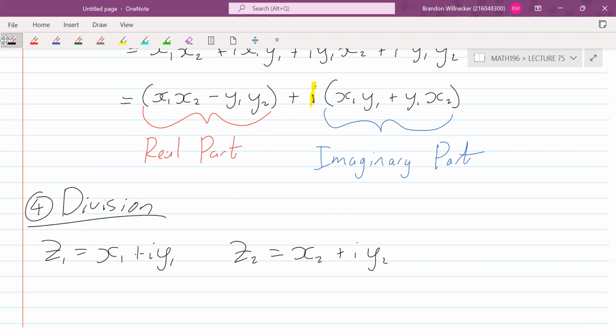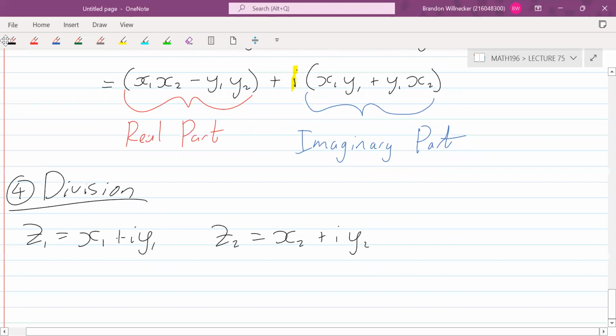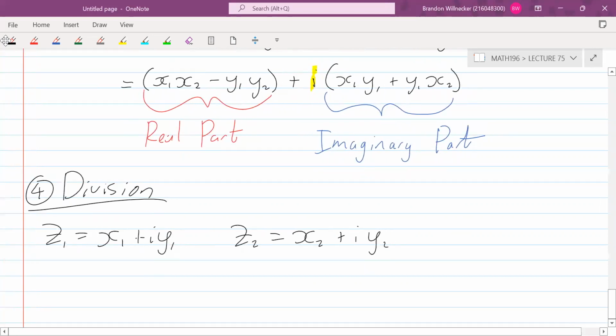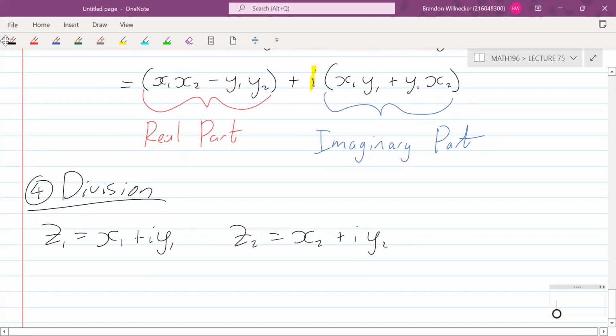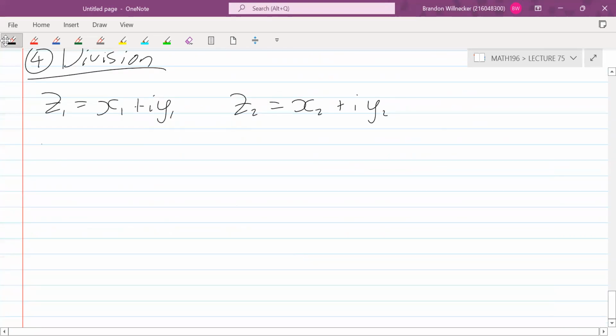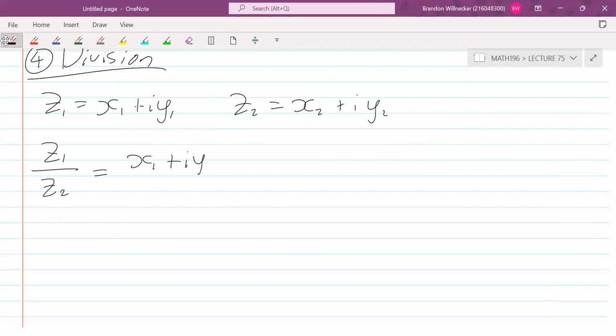And we want to find a way of dividing them to again produce another complex number. So we're going to have z1 divided by z2 is equal to (x1 plus i y1) over (x2 plus i y2).